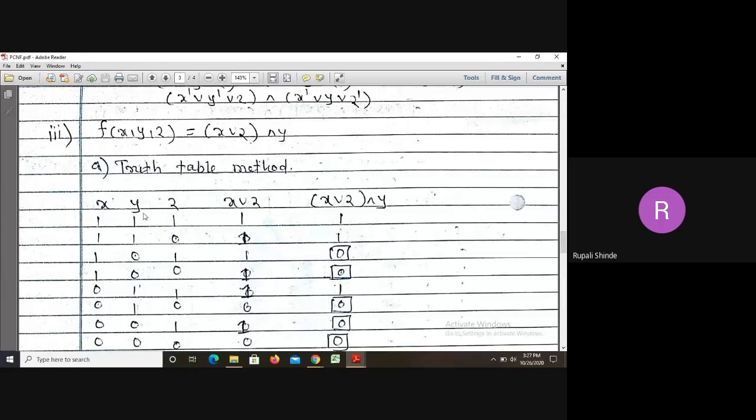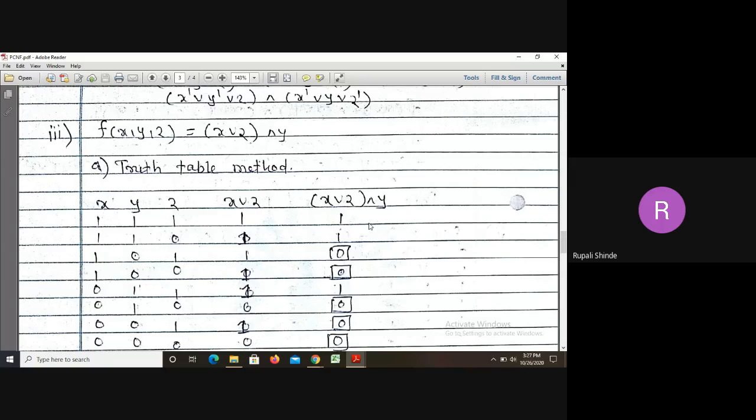Otherwise, it is 1. So check here: 1 1 1 1 0 1 0 1 and so on.